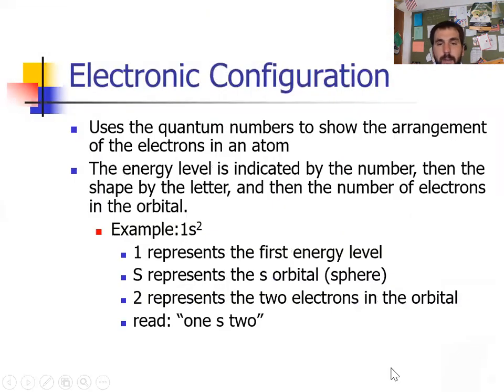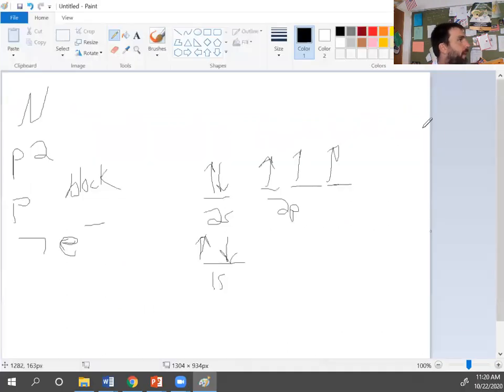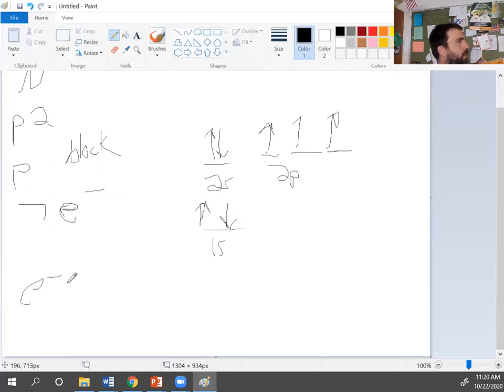So back to my problem. I still have to follow my rules, okay? Now I want to draw the electron configuration, and this is going to be in words and numbers instead of arrows. So what's my first orbital in this atom? 1s.